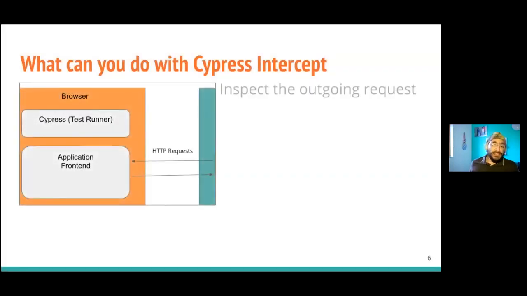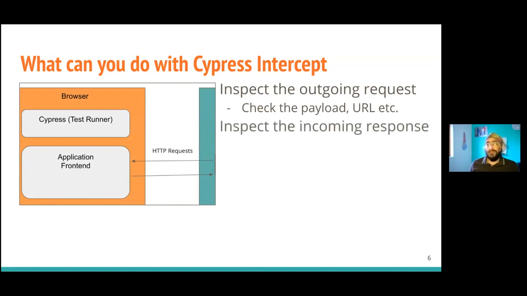You can use Cypress to inspect the outgoing request. So when we make that request for a person called Skywalker, you can check what URL was called, what parameters were sent to it, what was in the payload, what was in the headers. And you can do the same things with the response that your application gets back.